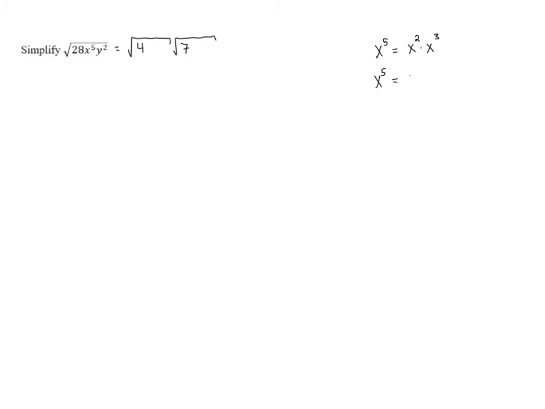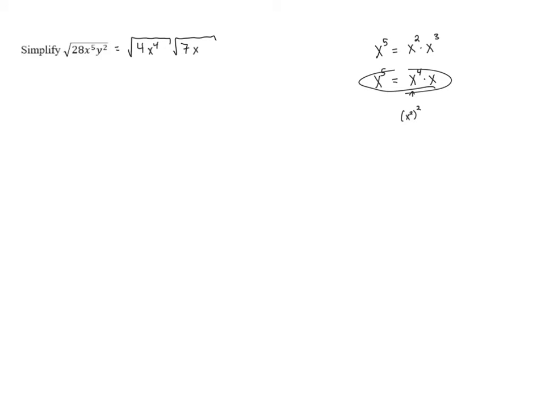X to the fifth is also x to the fourth times x, and x to the fourth is a perfect square. It's x squared squared. So because we want to pull out as much as possible from the radical, we're going to end up using this factorization. So we're going to split it up into x to the fourth and x.